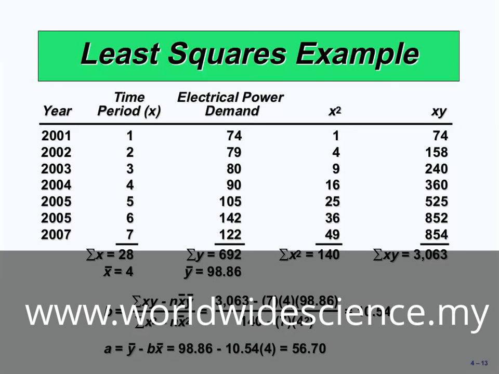How did we calculate x bar? Sigma x divided by n gives you x bar. And y bar becomes 98.86.